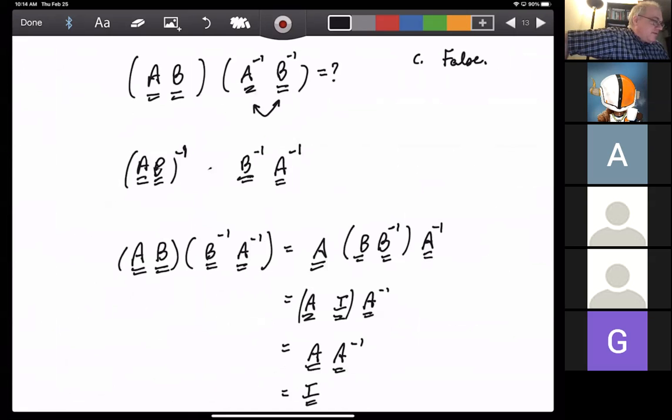So in general, if you've got a string of matrices multiplied together and that's invertible, that's going to require that every single matrix in that product is invertible. And the inverse of the product is going to be the product of the inverses of the factor matrices, but in the opposite order. And you can see why that works by this calculation.